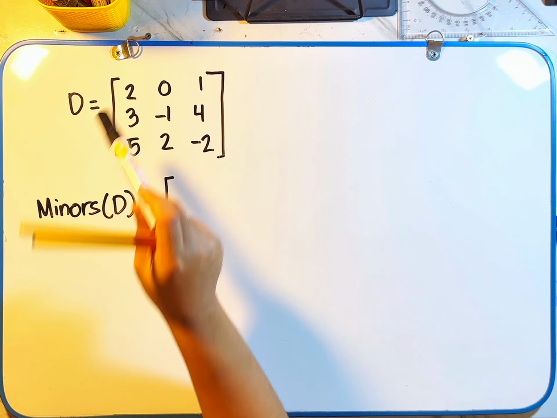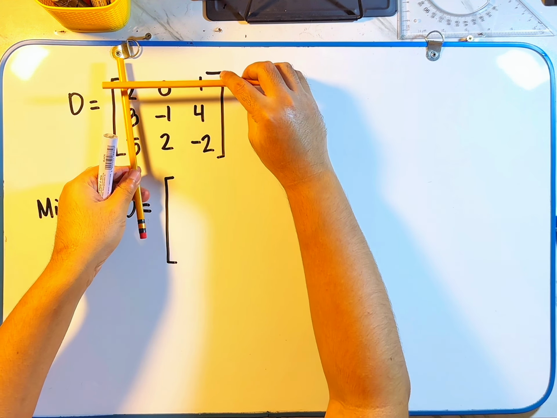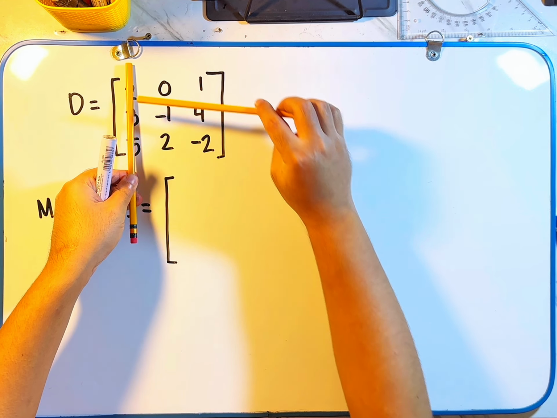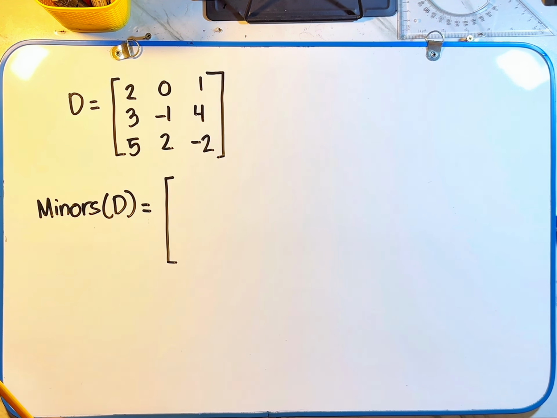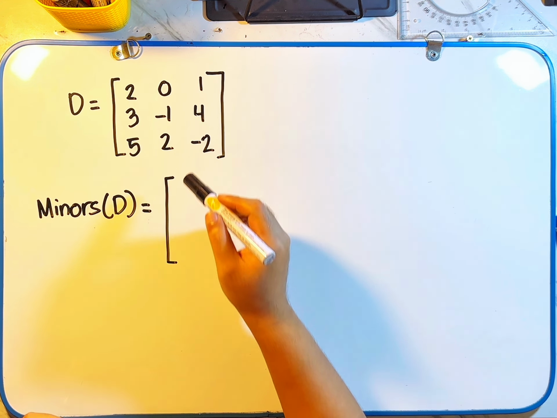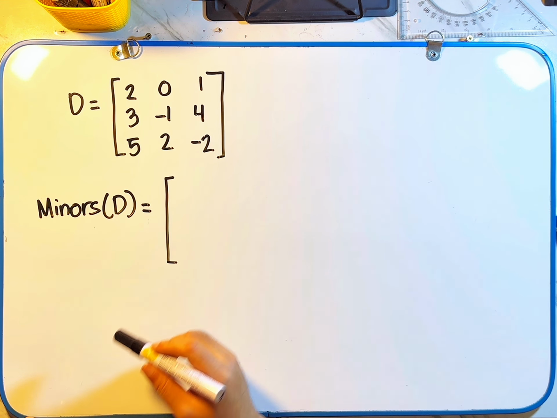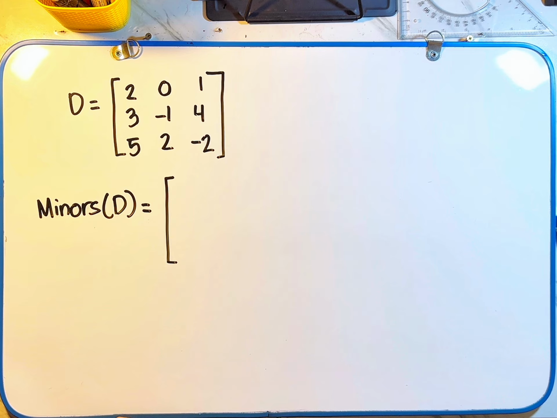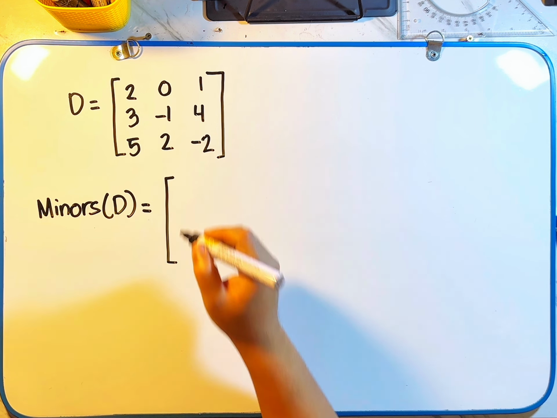For the element in the first row, first column, let's block this. So we're left with these 4 elements, and we have to find the determinant. So negative 1 times negative 2 is positive 2. Minus 2 times 4 is 8. So positive 2 minus 8, that's negative 6.